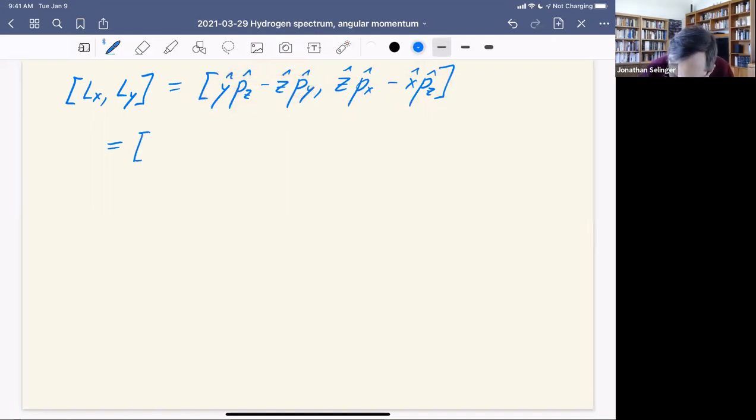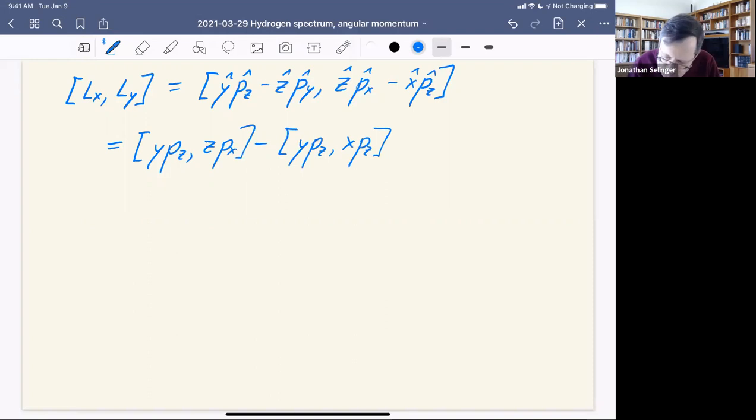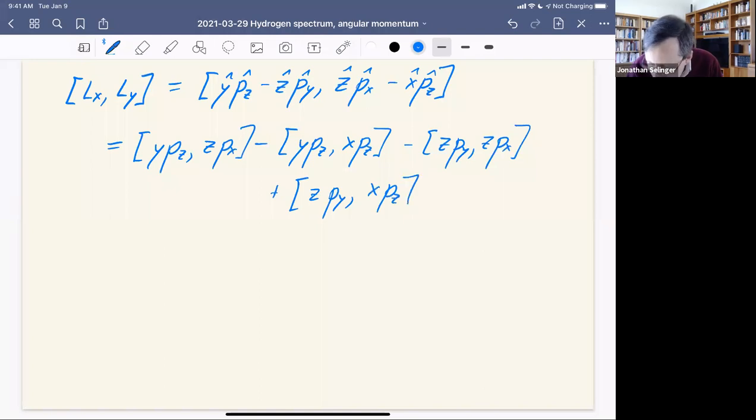Okay, so we get four terms. y pz commutator with z px, minus y pz commutator with x pz, minus z py commutator with z px, and then plus z py commutator with x pz.